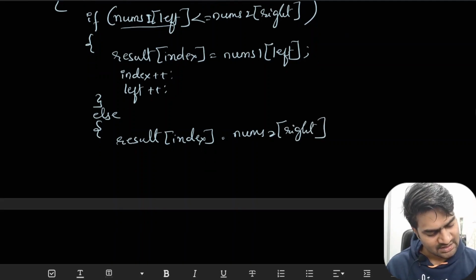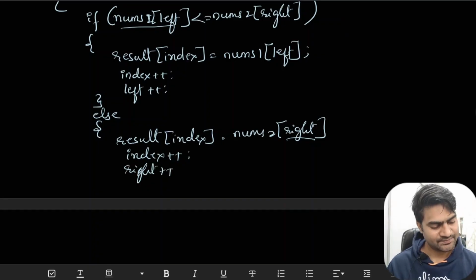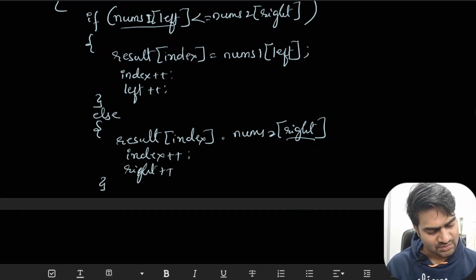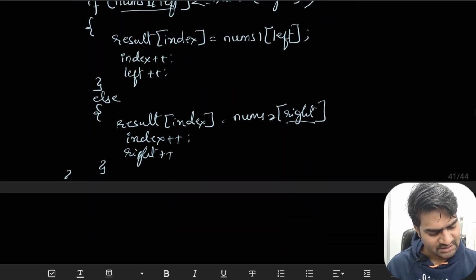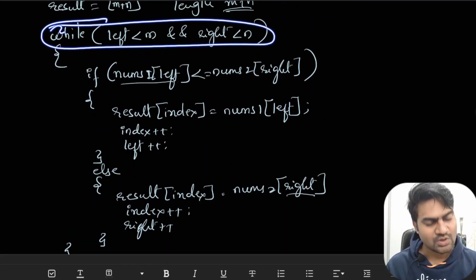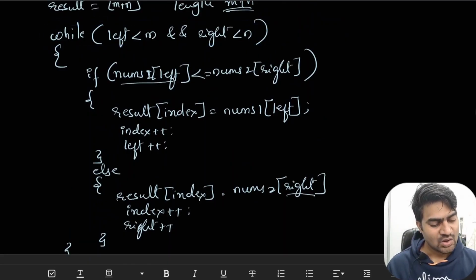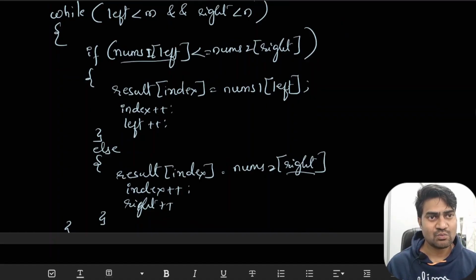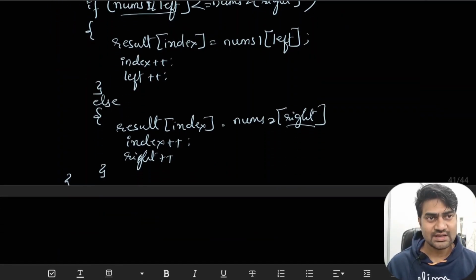Here also I need to increment my index and also increment my right pointer. Now, at the end of this particular while loop, it copies elements from both nums1 and nums2 to the result array.